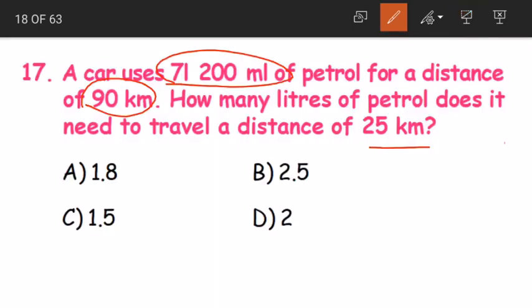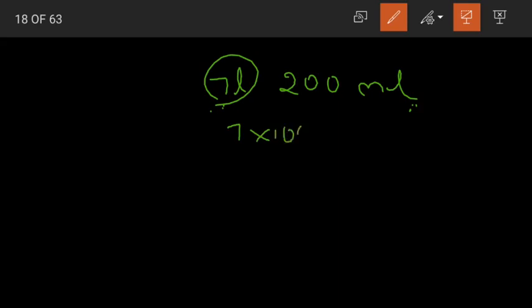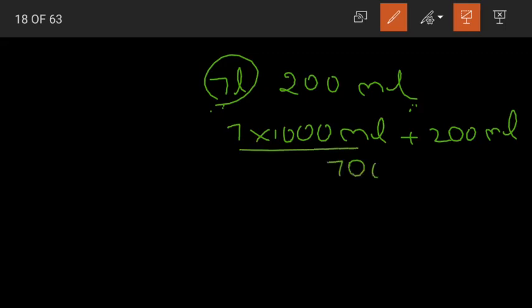In the same way we have to divide this total petrol used by our 90 kilometers. What is it? 7 liters 200 milliliters. We will convert this into milliliters. 7 liters is nothing but 7 into 1000 milliliters plus 200 milliliters, which is 7000 plus 200, equal to 7200 milliliters.